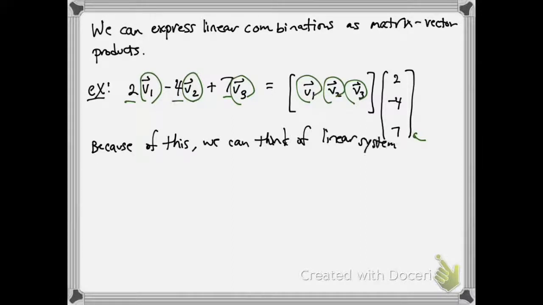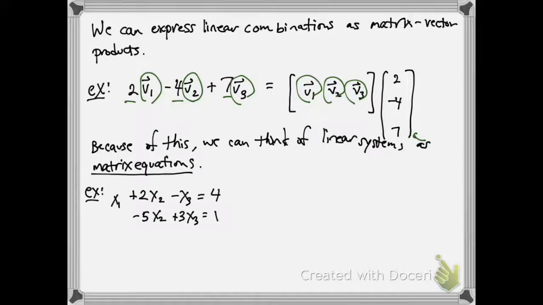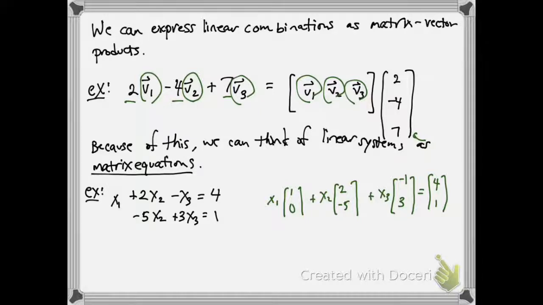And so now we want to try to translate this into what it says about linear systems. Basically what it's going to tell us is that a linear system we can think of as a matrix equation. So let's see what that looks like. So let's take the linear system given here. If I express it as a vector equation, I get x1 times the vector 1, 0, plus x2 times the vector 2, negative 5, plus x3 times the vector minus 1, 3, is 4, 1. Right?